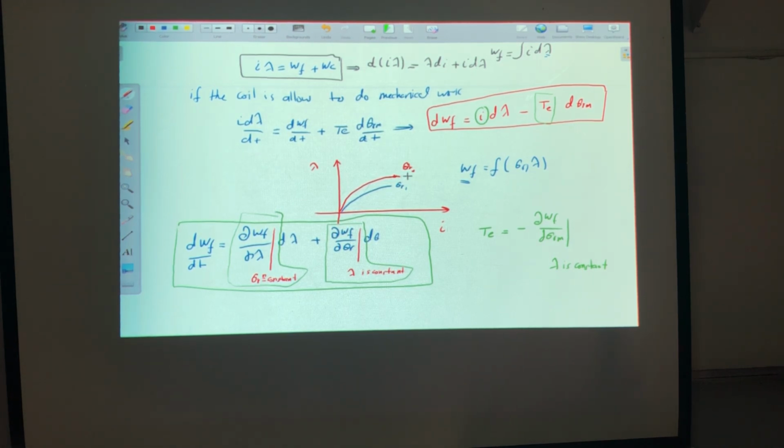So simply someone will say, if you have d omega f, the d omega f is equal to what actually? It was i d lambda. So this one is d omega f. So simply I can substitute from there and replace the variable from omega f to omega c, correct?